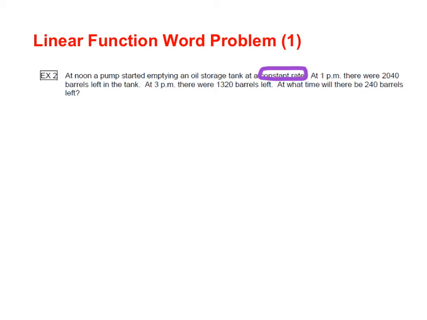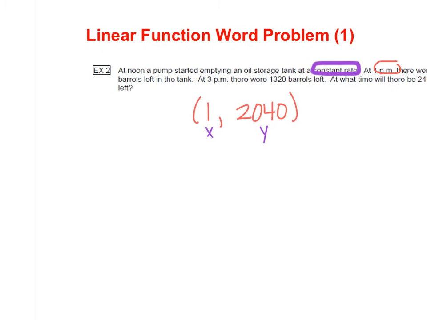So, does it make sense for us to pair at 1 p.m. there were 2,040 barrels left? I'm going to go ahead and make that an ordered pair. So at 1 o'clock there were 2,040 barrels. Now when I'm doing that, there's my x, there's my y. Let me go ahead and define the x and y off on the side.